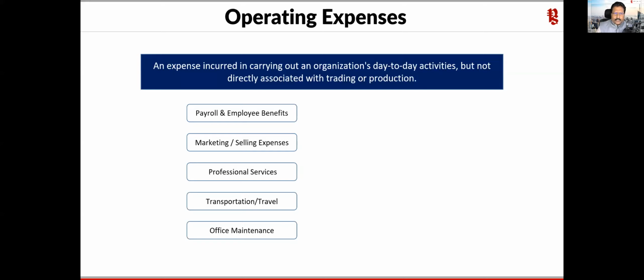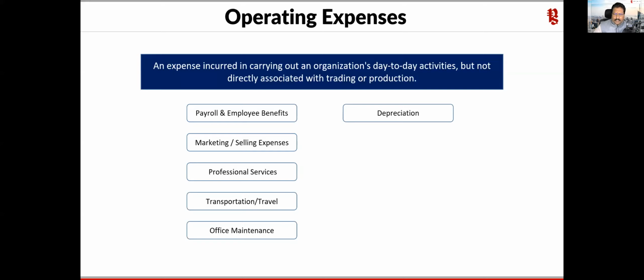So these kinds of expenses, which pertain to your office maintenance, will come under this office maintenance part. Okay.